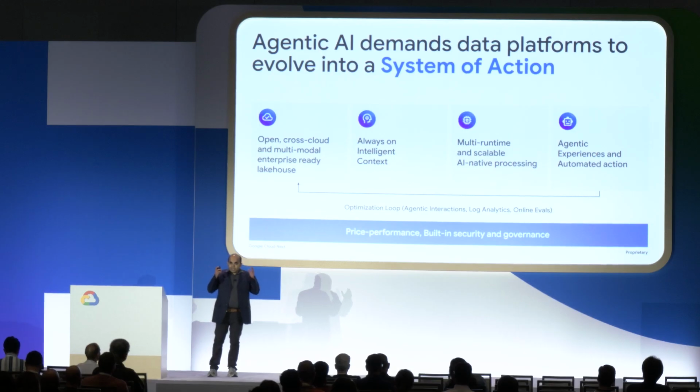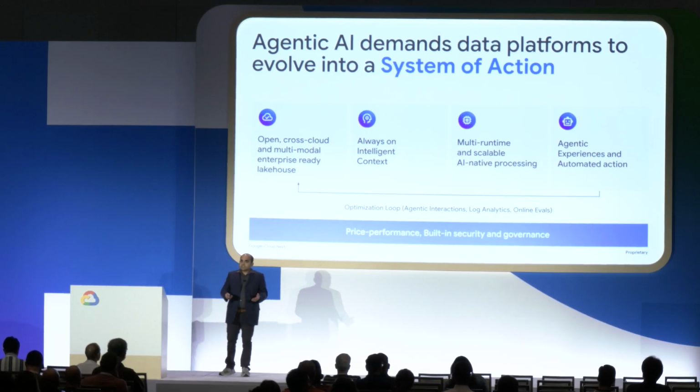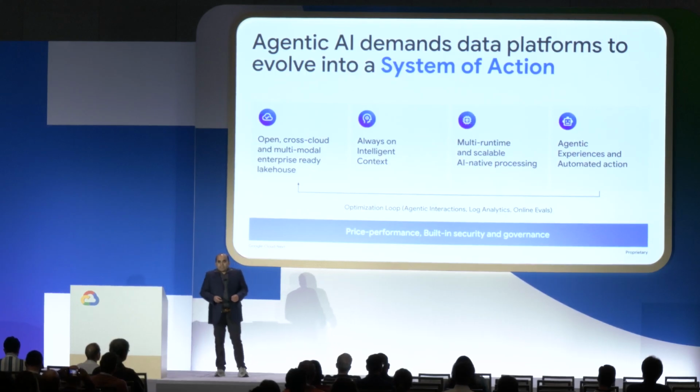It has to have deep, deep context of your business, your customers, your use cases, things like that. And then as agents are doing work, they're doing work at a scale that is unprecedented. They're generating even more data as well. You need really scalable, flexible platforms that can handle this data and then continue improving your systems.